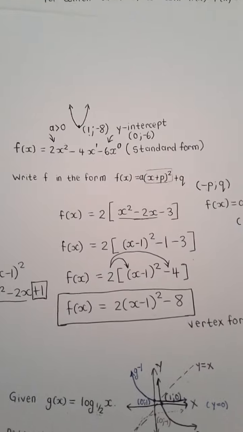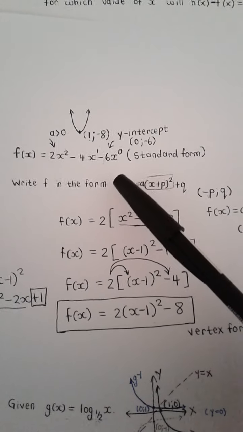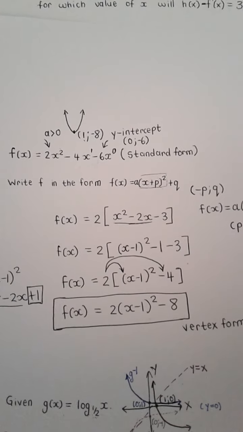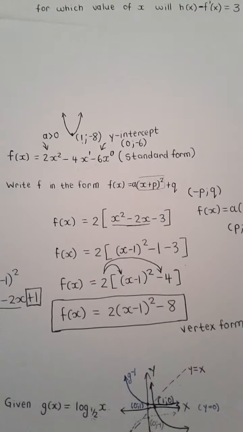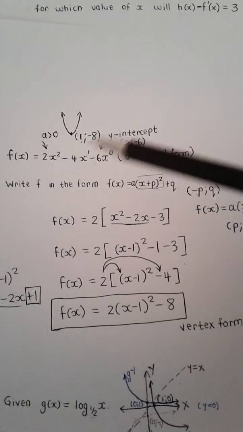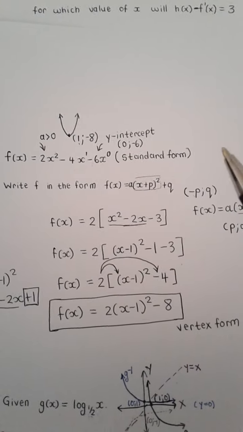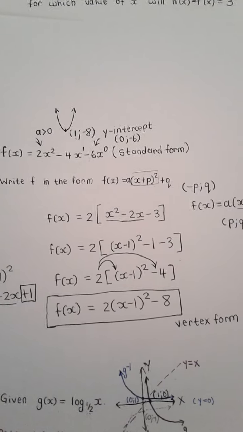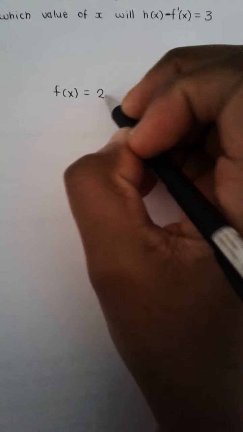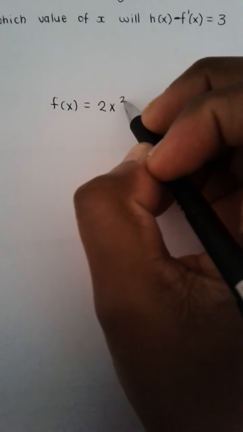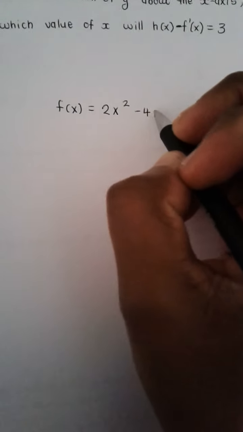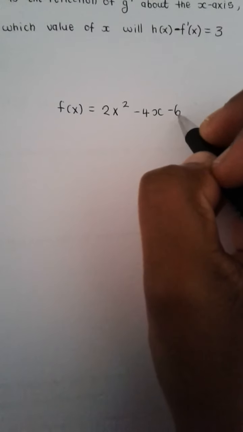So remember that this was f of x. And now I've put some things on it. But basically f of x was, let's go through it, 2x squared minus 4x minus 6.